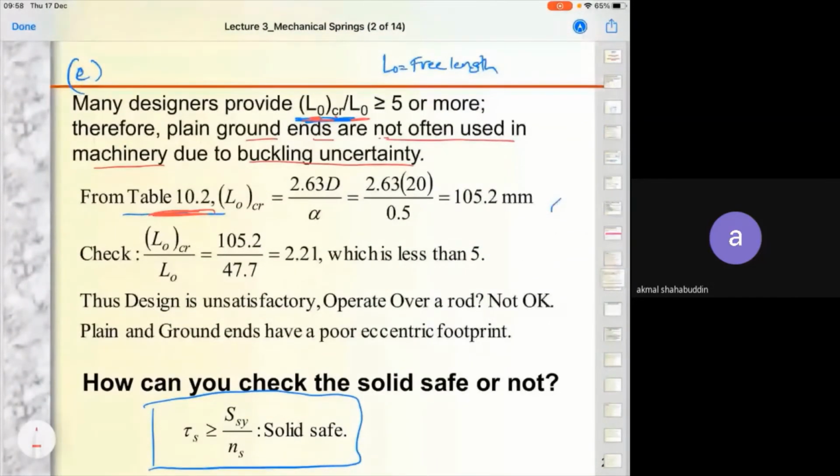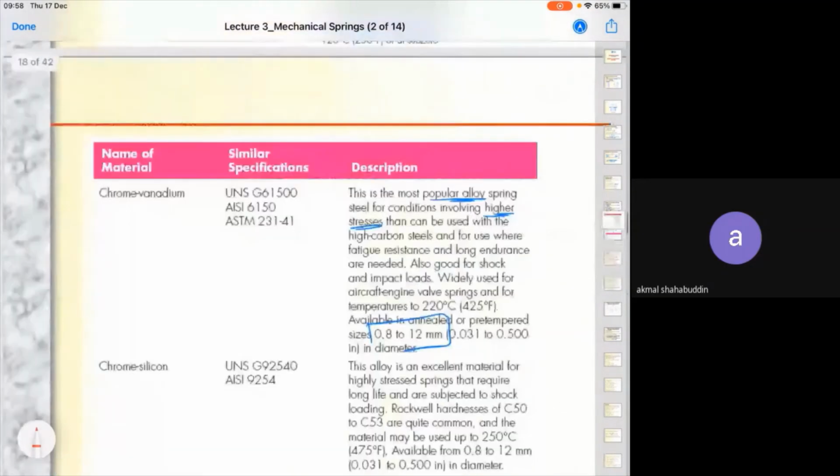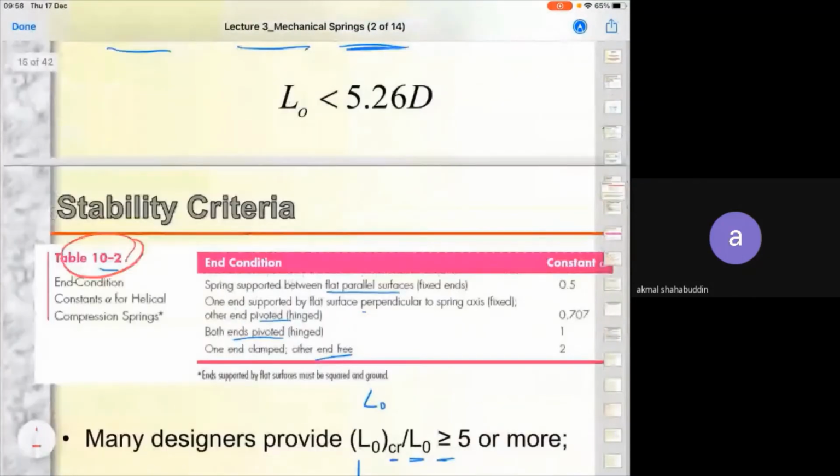LO critical is equal to 2.63 D over alpha equal to this value. Alpha ni, sorry, table 10.2 ni bukan yang tadi. 10.2 ni adalah yang ini. So kita nak dapatkan constant alpha ni kat sini.